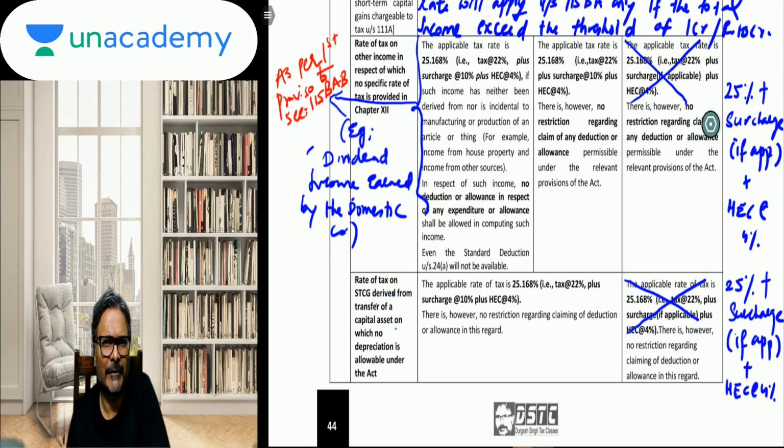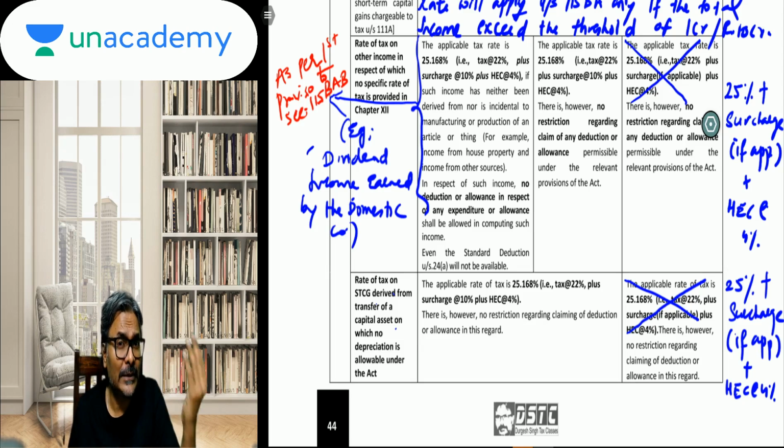So other than a manufacturing activity, if you are getting an income which is neither from the activity of manufacture nor incidental to it, then you need to analyze those income very carefully.